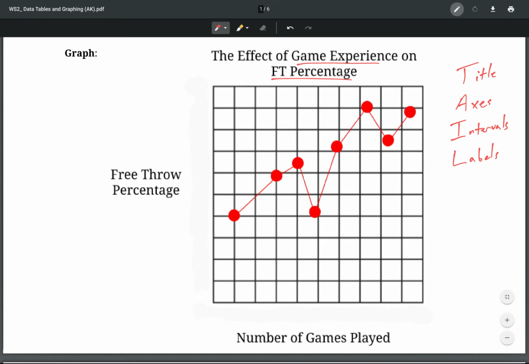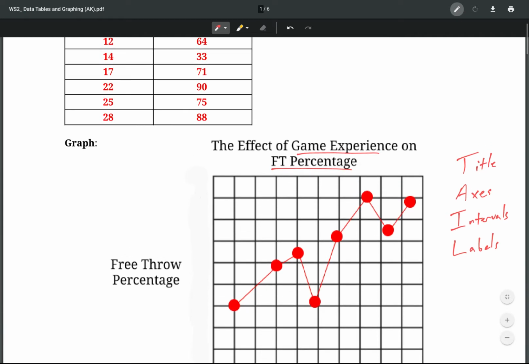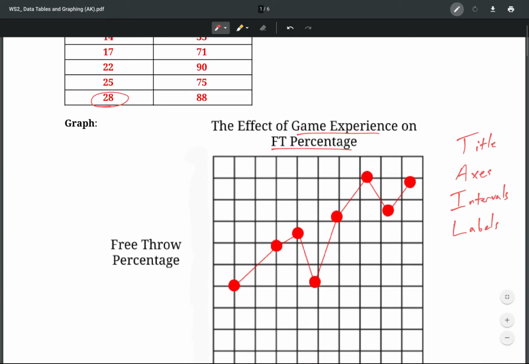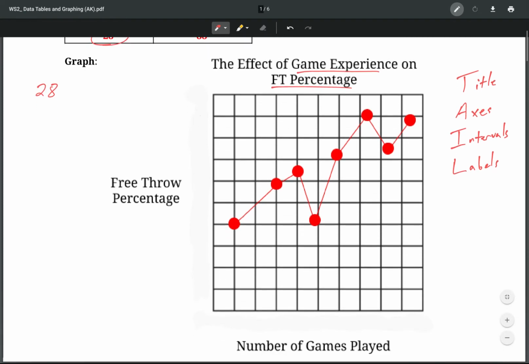For intervals, we have to first see what the largest number of games played is. So if we look in this table, the largest number is 28. And then we have to count how many spaces we have. So we've got 1 space, 2 spaces, 3, 4, 5, 6, 7, 8, 9, 10.